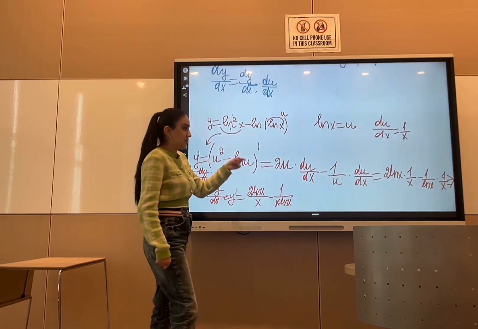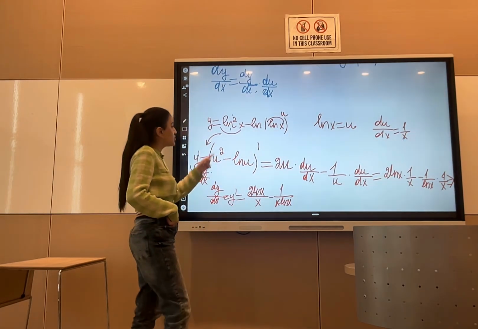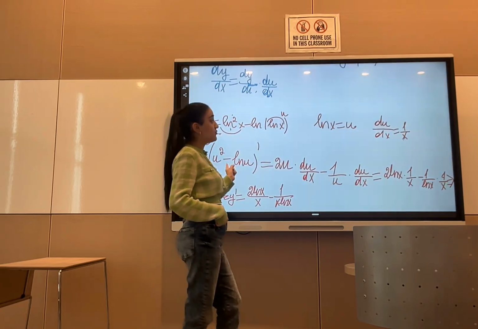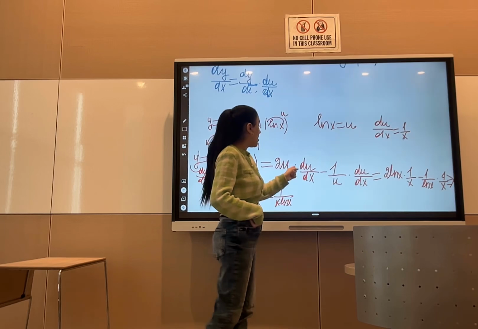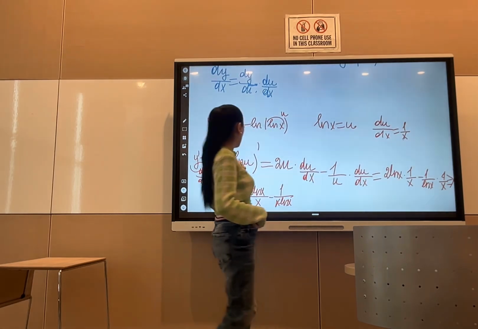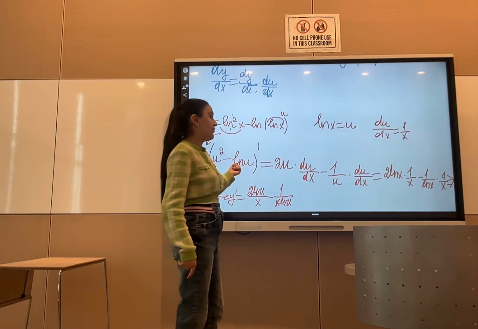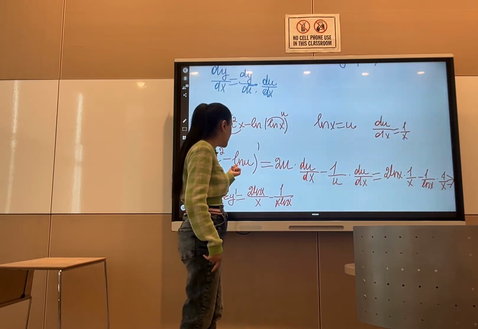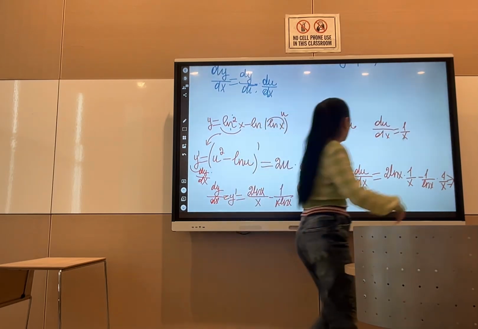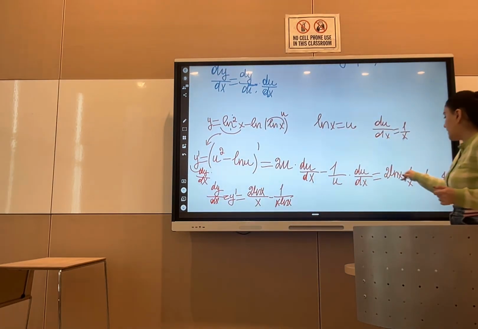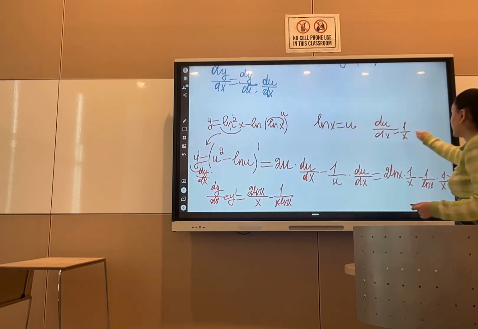The derivative of u square is 2u, and u is a function of x, so we multiply by du over dx. The derivative of ln u is 1 over u, multiplied by du over dx, and the derivative of ln x is 1 over x.